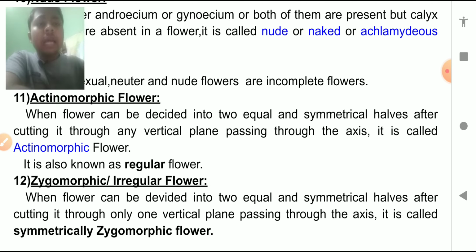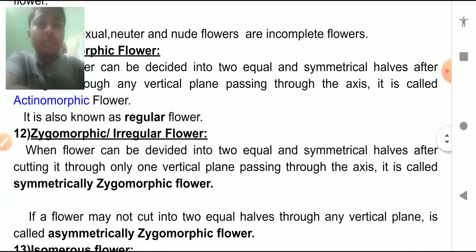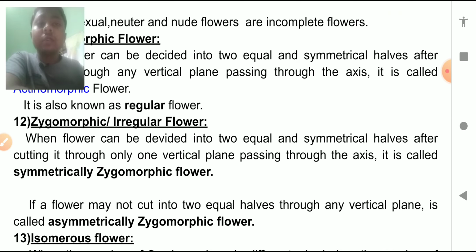Now next we talk about zygomorphic. When you talk about actinomorphic, the other term, regular, is completely the same thing. At the same time, what is a zygomorphic or irregular flower?